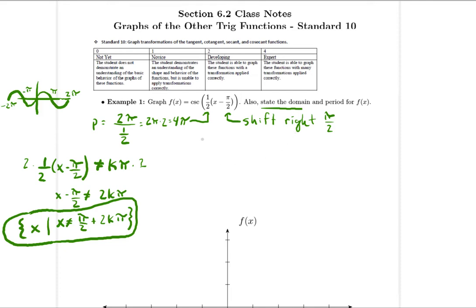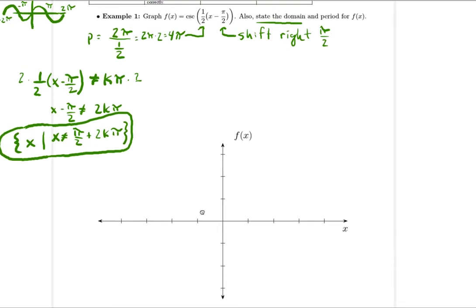So one thing that is a nice strategy at times is, if you're struggling to stick in your mind what the regular cosecant graph looks like, remember that you can always go ahead and graph the sine function for cosecant and graph that down here, and then that'll help you to appropriately place asymptotes and things like that.